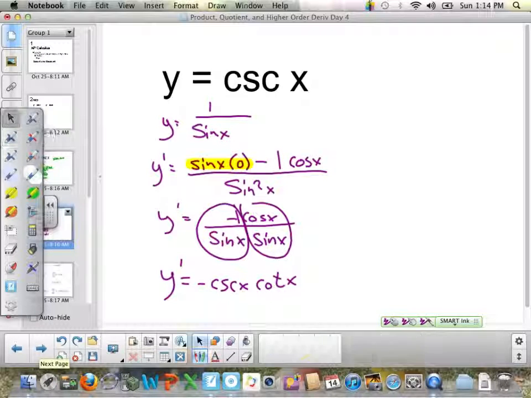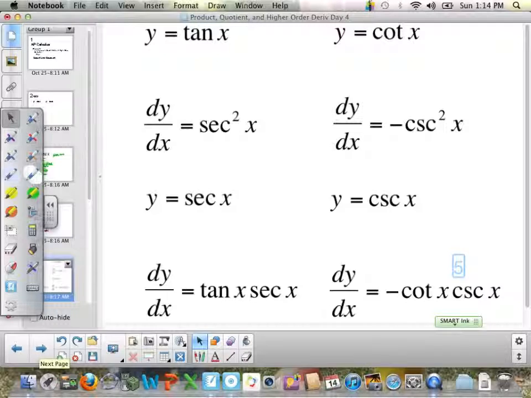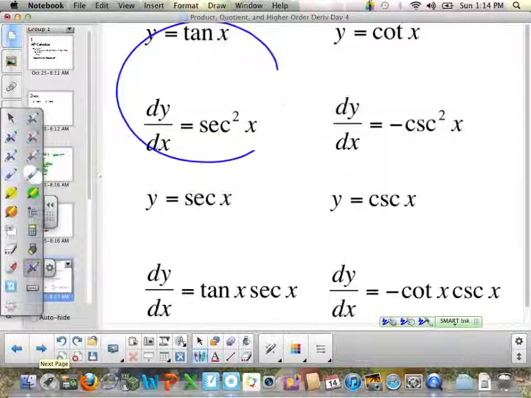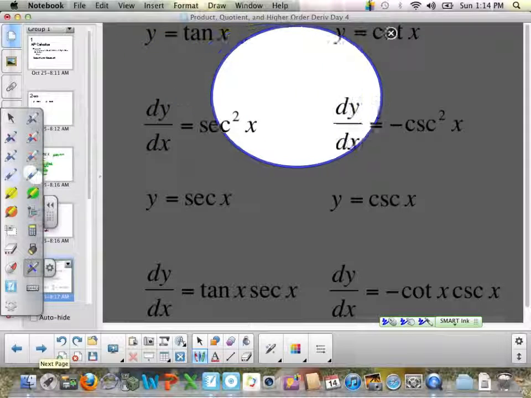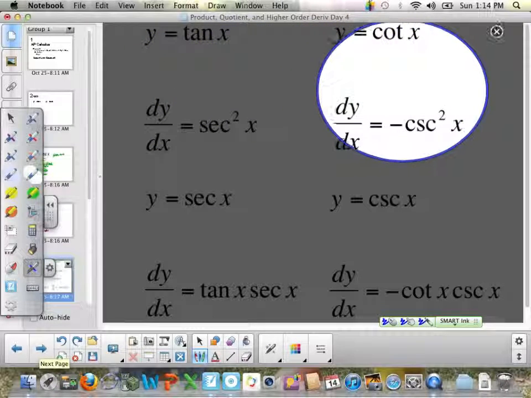So in review, the trig functions we've done the last couple days. Derivative of tangent is secant squared. Derivative of cotangent is negative cosecant squared.